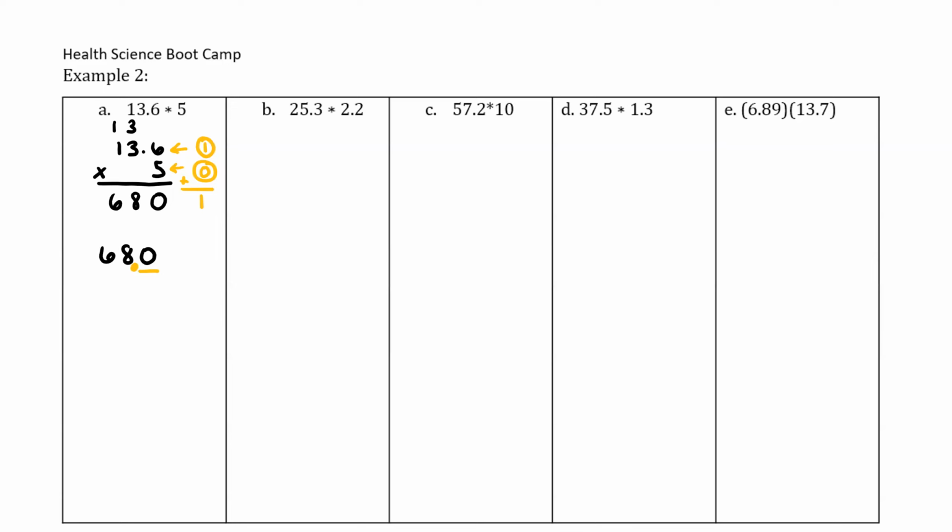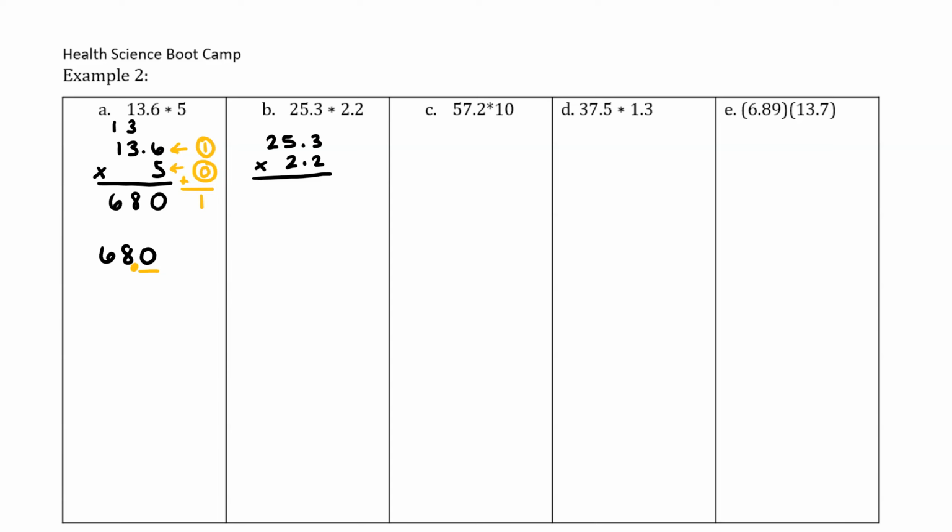Let's try it again. So I have 25.3 times 2.2. So this one has more than 1 digit in the second factor, which means we're going to have partial products that we add together.